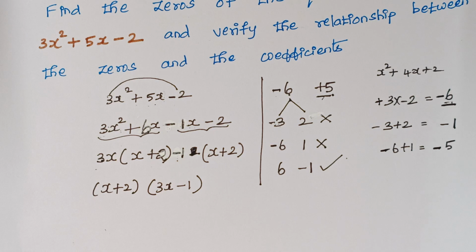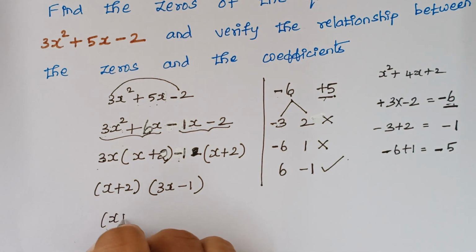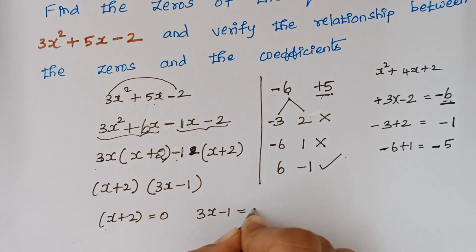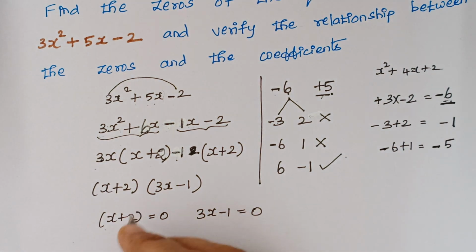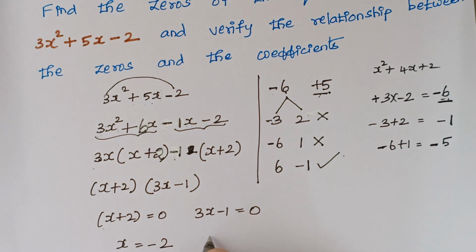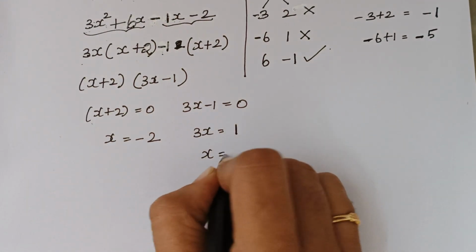To find the zeros, you have to equate these terms to 0. That is x plus 2 equal to 0 and 3x minus 1 is equal to 0. So here it will be this plus 2, when you move this side it will become minus 2, and here 3x, when you move this minus 1 that side it will become plus 1, and here again we need only x, right?